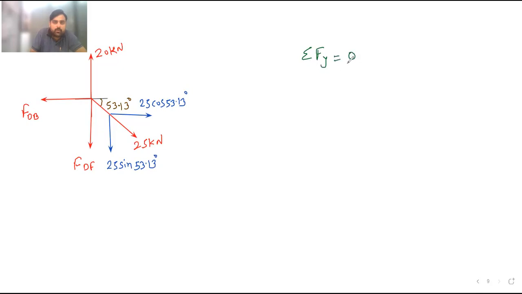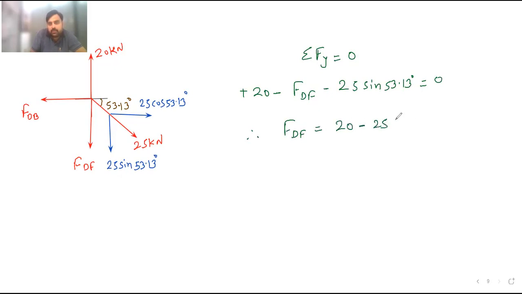Summation Fy equal to 0, then plus 20 minus FDF minus 25 sine 53.13 is equal to 0. Therefore, FDF is equal to 20 minus 25 sine of 53.13 degree.